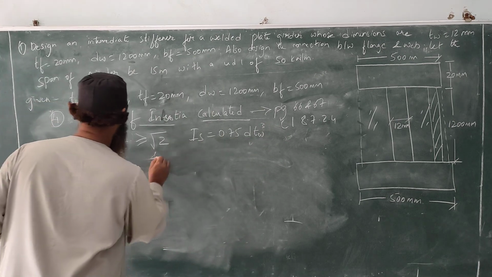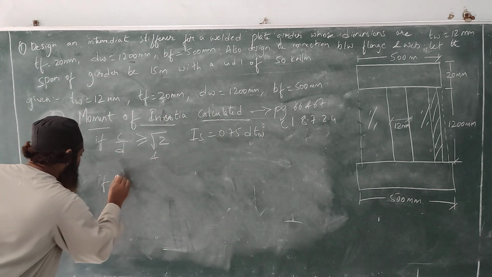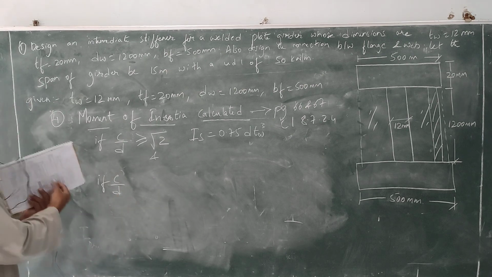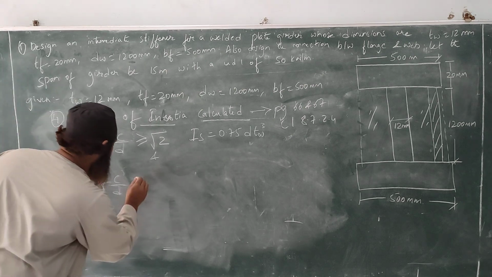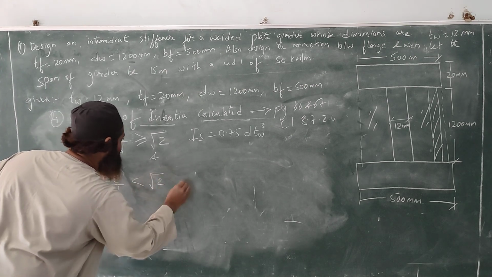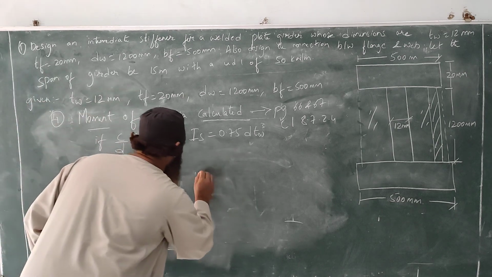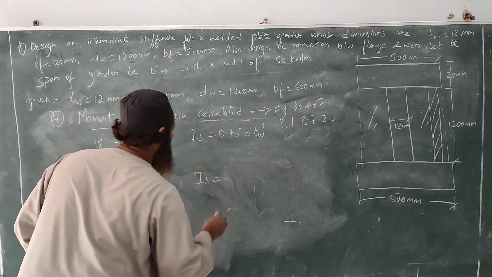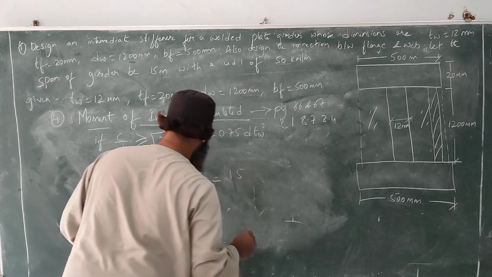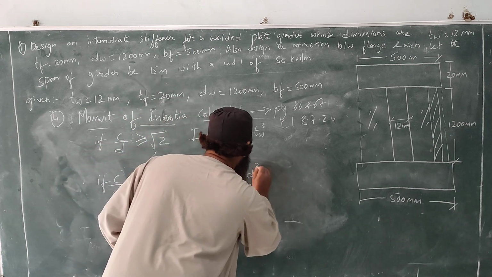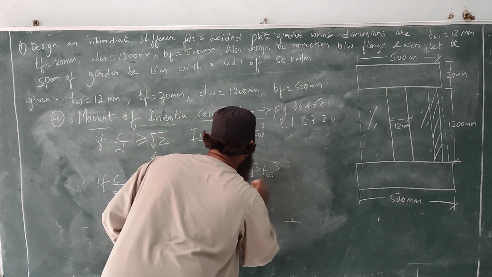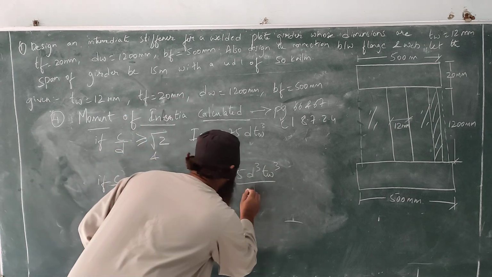And if C by D is less than root 2, then IS is equal to 1.5 into d cube TW cube by C square.